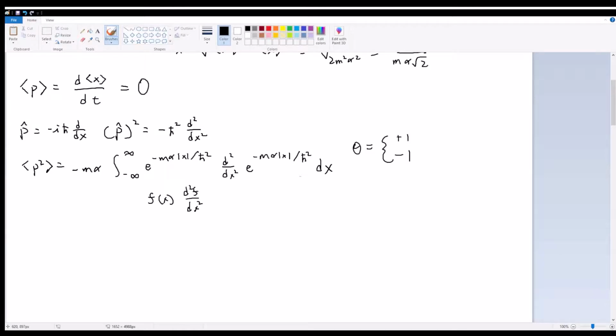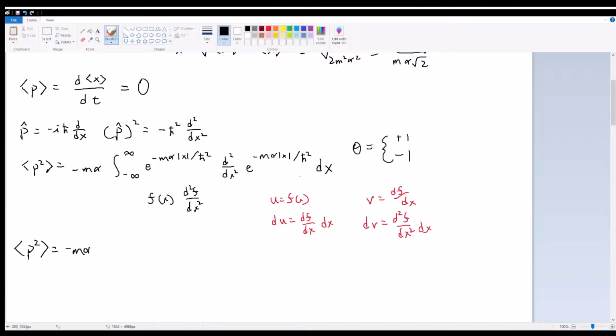And I can massage this using u-sub: if u is equal to f of x, then du is equal to df by dx multiplied by dx. And if dv is equal to d2f by dx squared dx, then v is equal to df by dx.